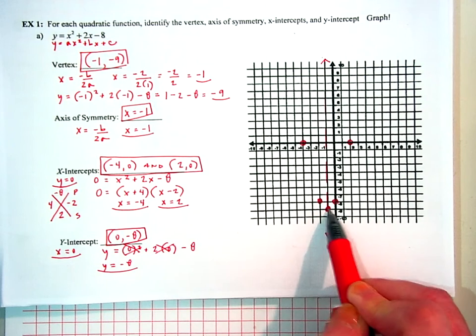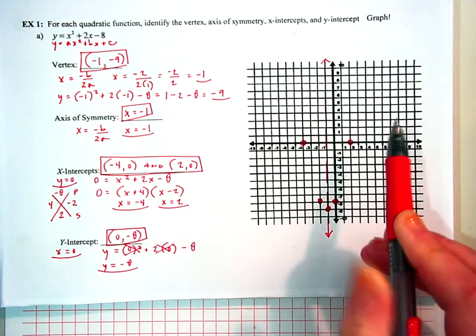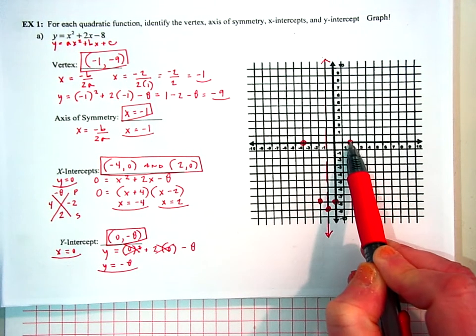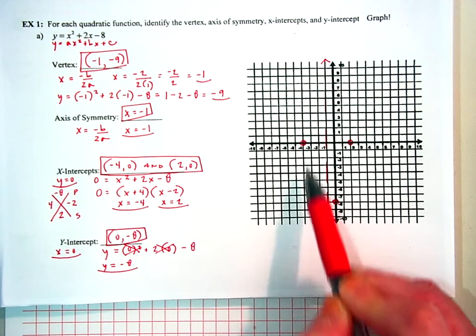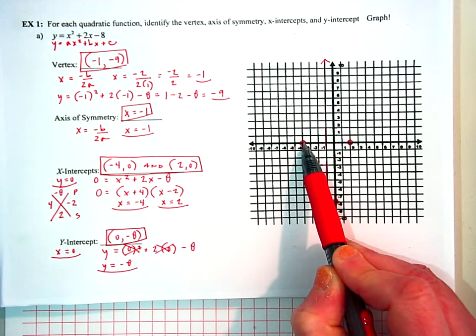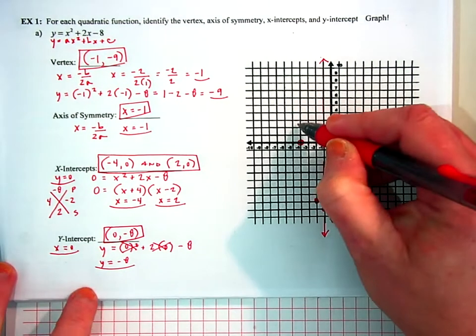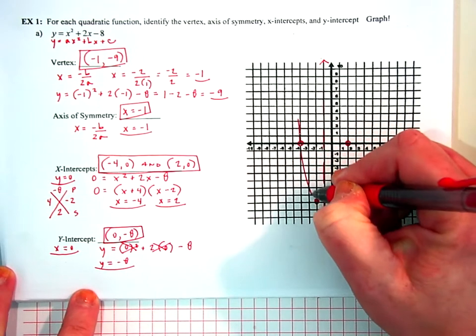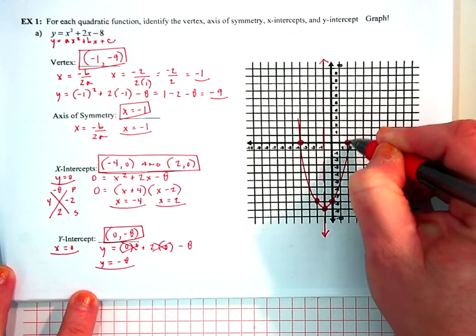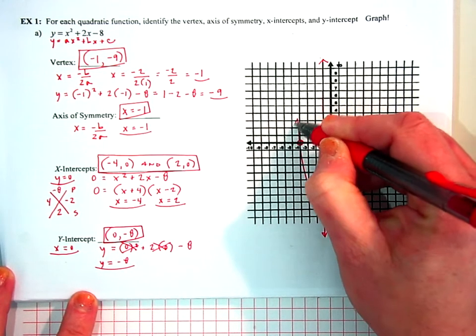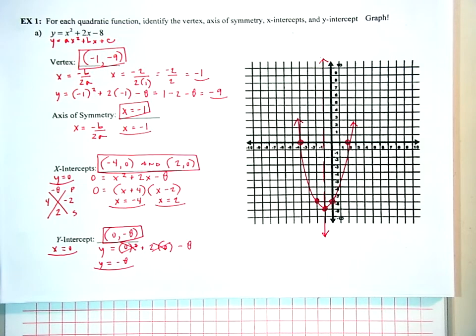If I went over 3, I'd be going up 9, and that's the location right here. Left 3, up 9, that's the location right up here. So I see that even though I'm in a different structure, I still have points that fit the parent function pattern. So I'm ready to connect my dots and smooth out my curve for my quadratic function, right? We know it's nice and U-shaped. It's a beautiful parabola.